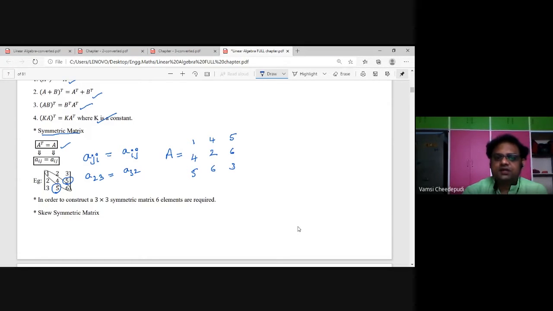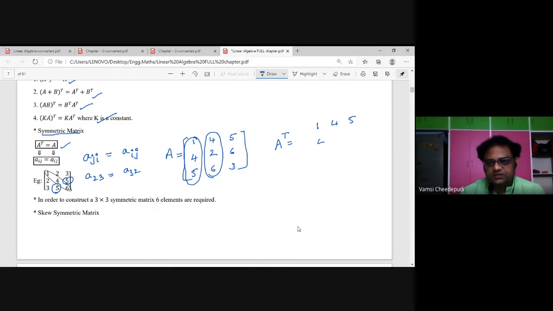So in this manner, now this is A. If you try to take A transpose of this, let me write: the first column should become the first row, that is 1 4 5, and the second column 4 2 6, let me take it as the second row, that is 4 2 6, and the third column 5 6 3, let us take it as the third row, 5 6 3.